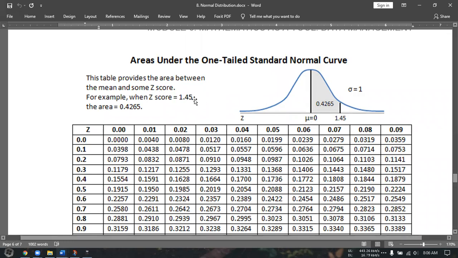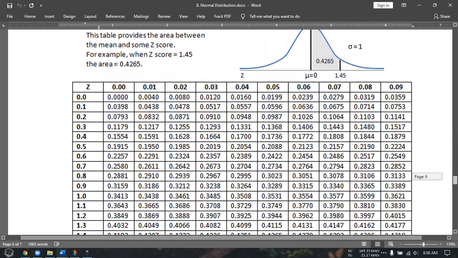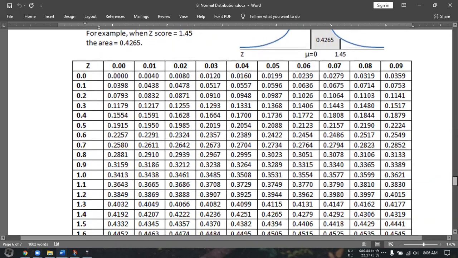For example, your computed z-score is 1.45. Let's locate the value. Use the ones and tenths digit and look for that in the first column.